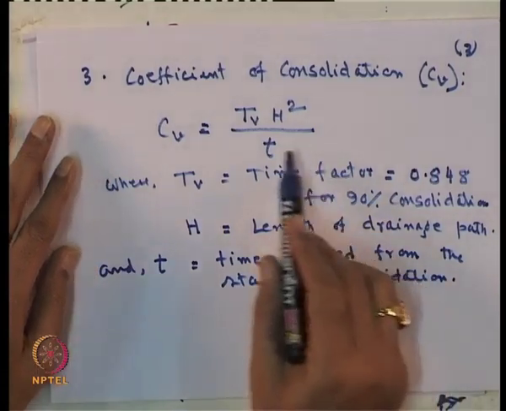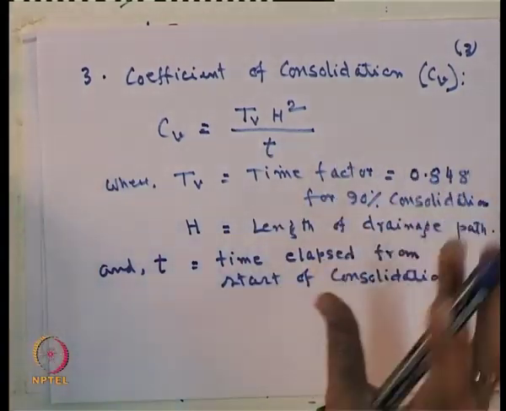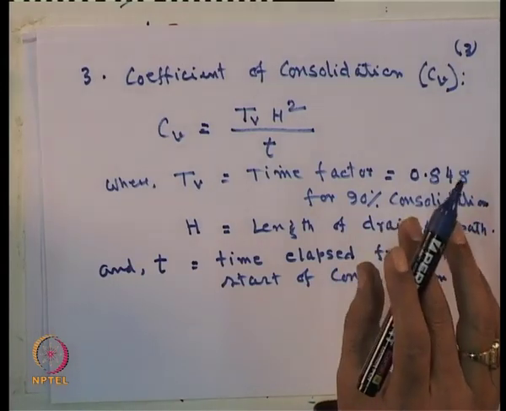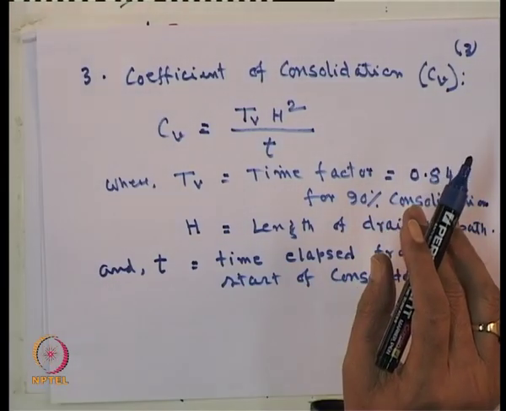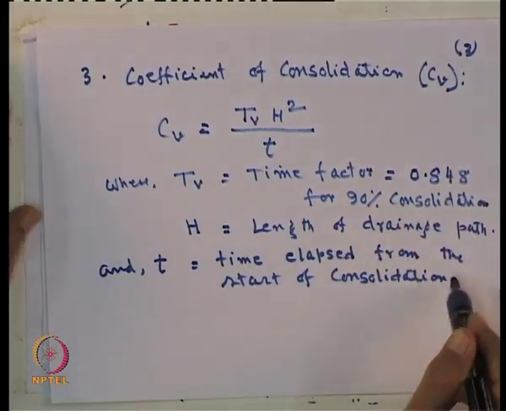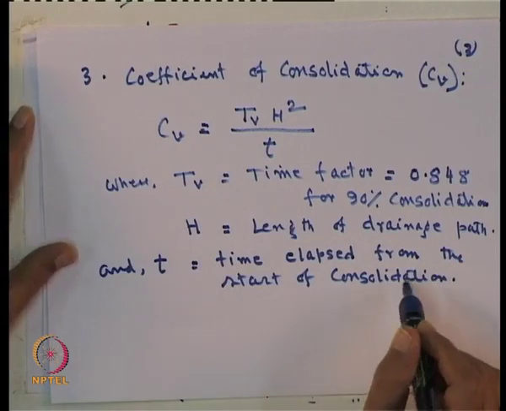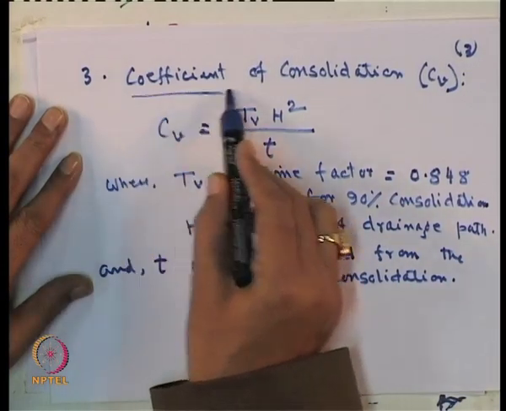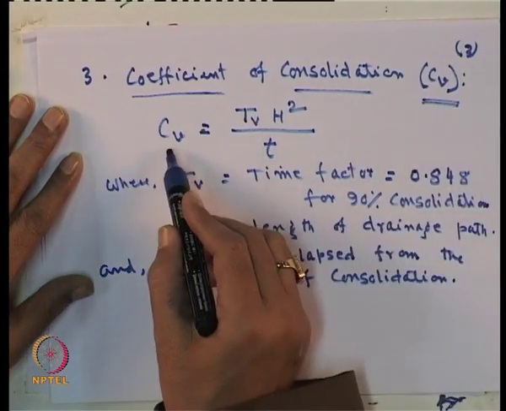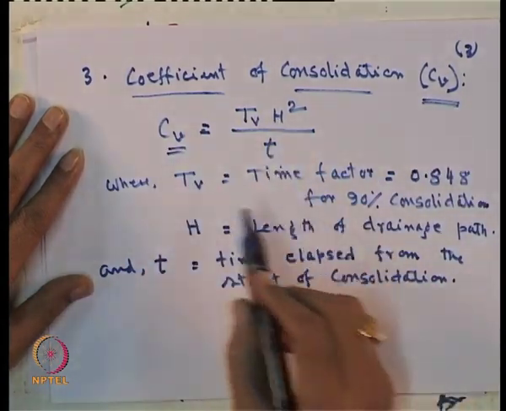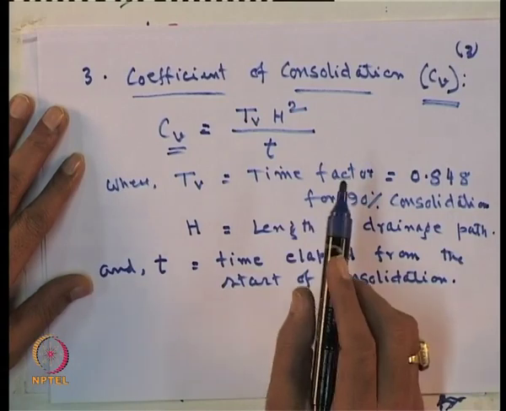So, you know what Tv, the time factor, is; H is equal to the length of the drainage path and t is equal to the time elapsed from the start of the consolidation. This coefficient of consolidation is very important. You have to remember this equation, that Cv is equal to Tv into H square by t.